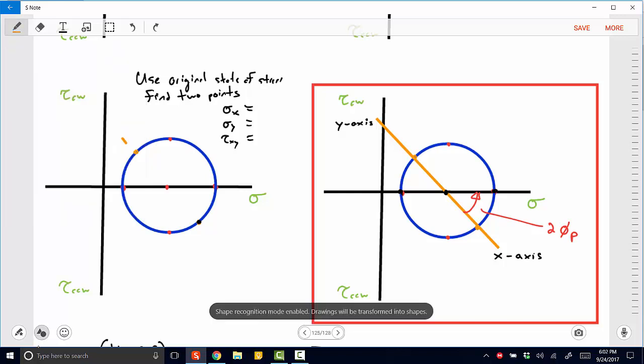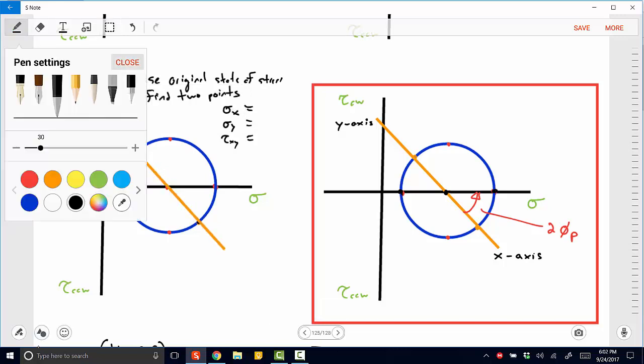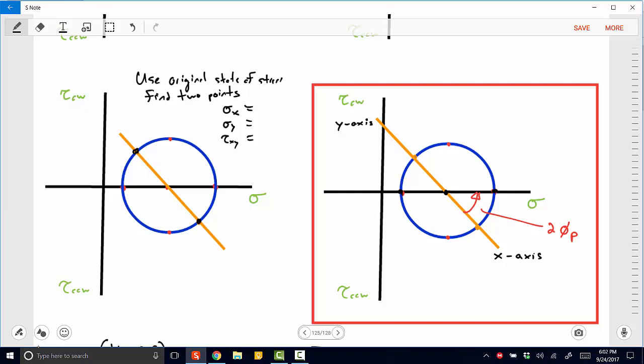And when we do that, we can actually find a line, and that line could be, but isn't always, this is something that's very key, that we actually have to evaluate these points of interest based on their magnitude to find, is sigma x here or is sigma x there? Where is that sigma x? But in this case, sigma x here, tau xy, and sigma y here, tau xy, right?